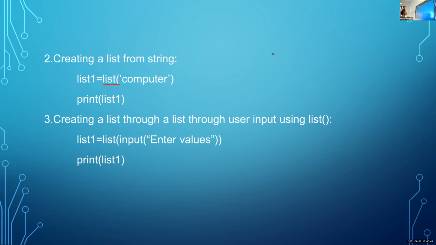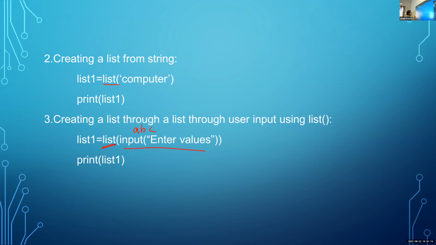Then creating a list through user input using the list function. This is the last topic we discussed, that is list1 is equal to list of input, enter values. Through this input function we can input some value, so if we input ABC, using this ABC content we are creating a list.